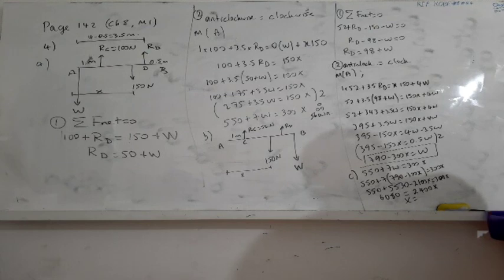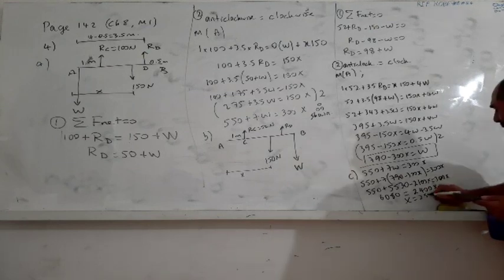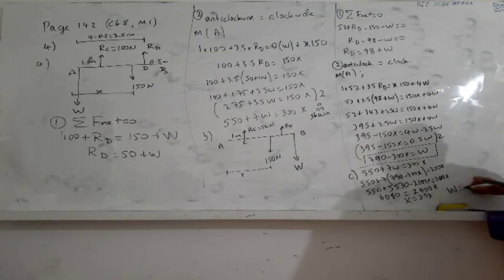So W is going to be 31 newtons. That's the answer for question 4.